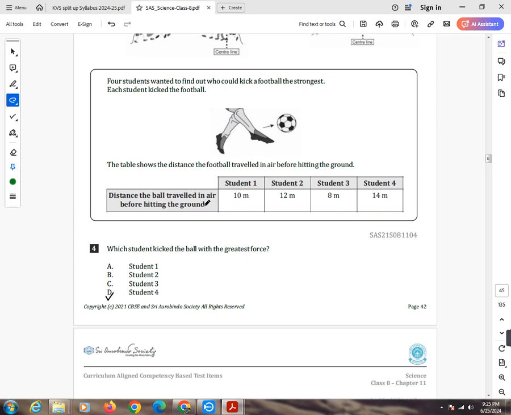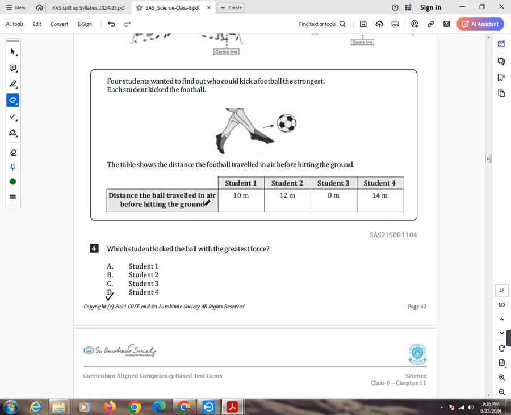Now on the basis of this situation, one question is given here: which student kicked the ball with the greatest force? As we can see in the data, student 4 kicked the ball with the greatest force. Why? Because the ball traveled the maximum distance in the air when student 4 kicked the ball.